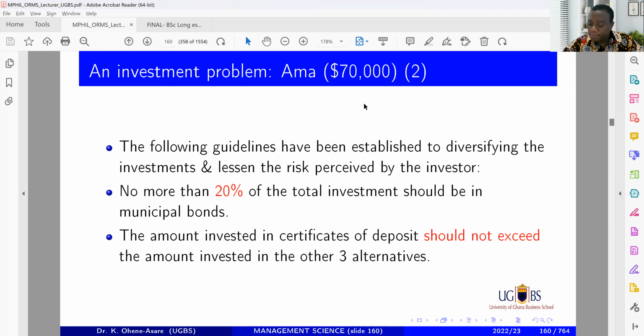Yes, sir. Doc, please just a clarification. If you look at the first one, ZMAX, 0.085 X1, and then the second one is 0.05 X2.